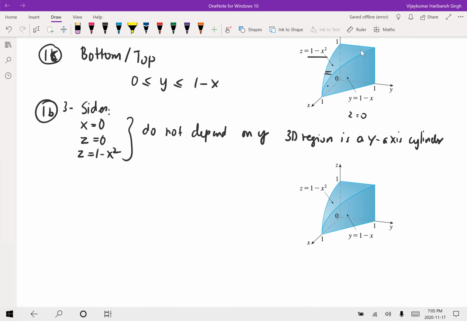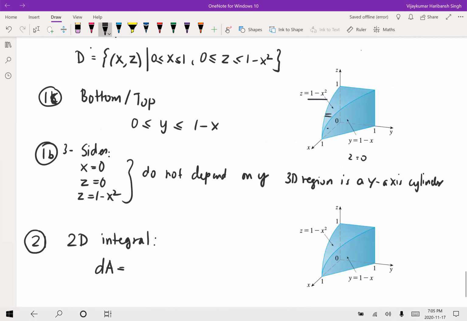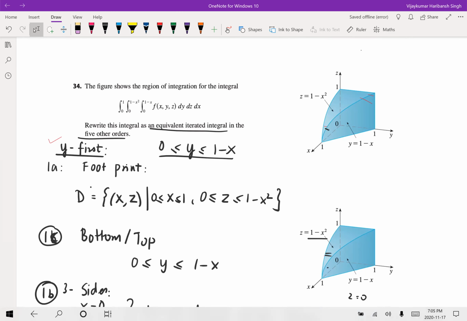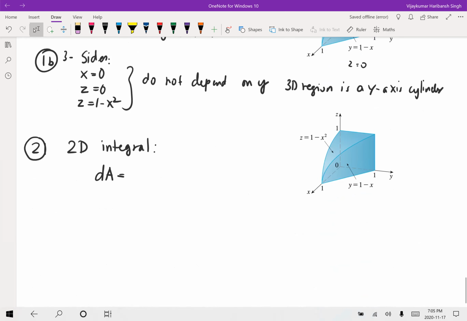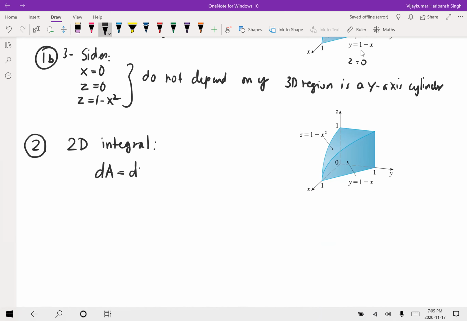Now the second one is taking care of 2D, so now the second is a 2D integral. We have dA equals dx dz.